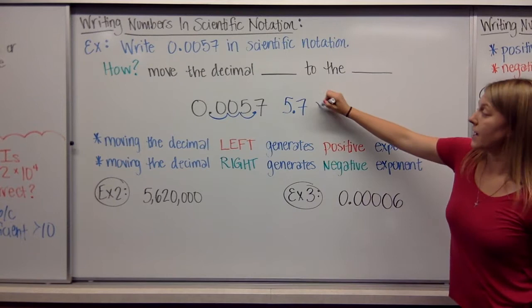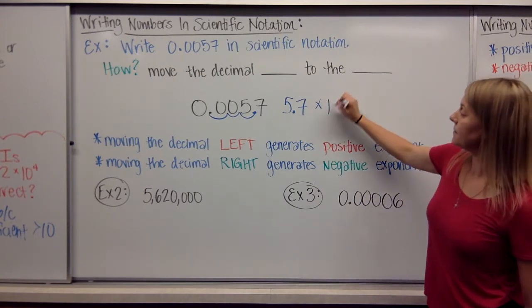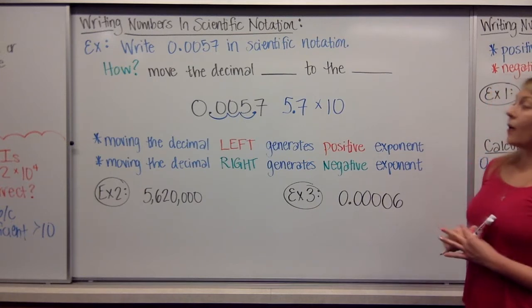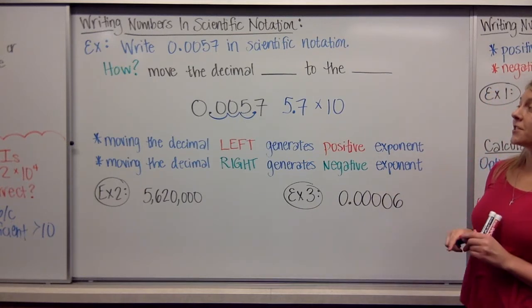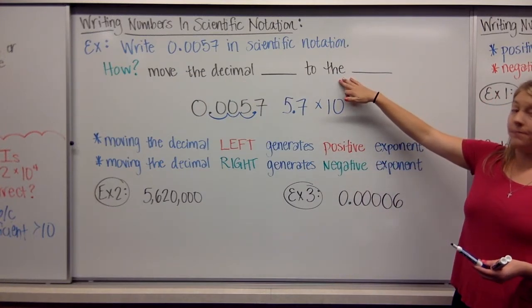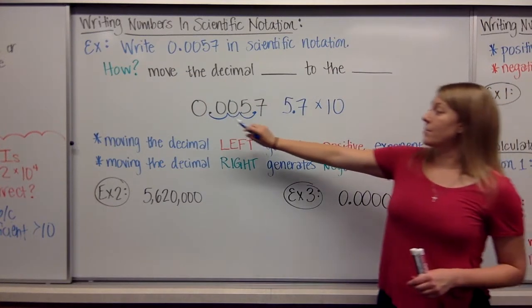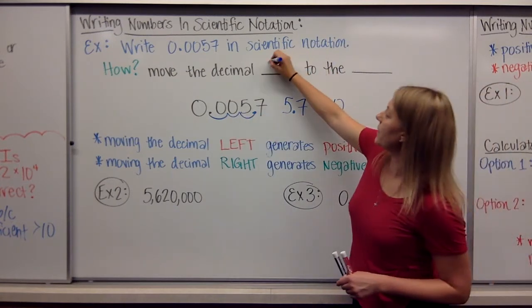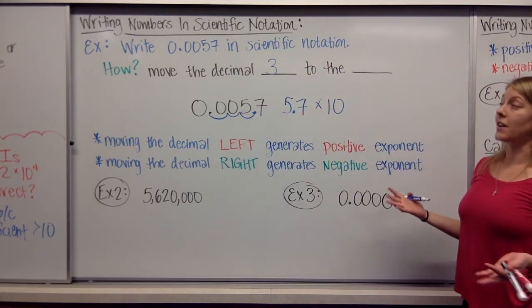So now my coefficient is 5.7. I know that I'm going to have times my base, which is 10. Now I have to figure out what my exponent is. To figure out the exponent, I need to first determine how many places I move the decimal and which direction, okay? I move the decimal 1, 2, 3 places. And which direction did I move it?